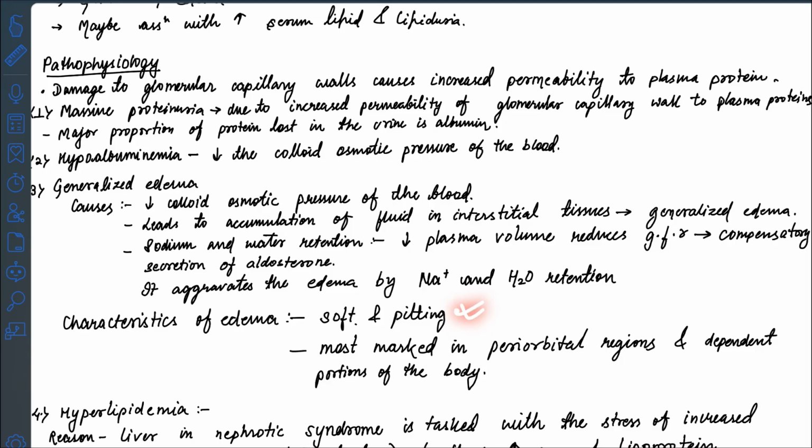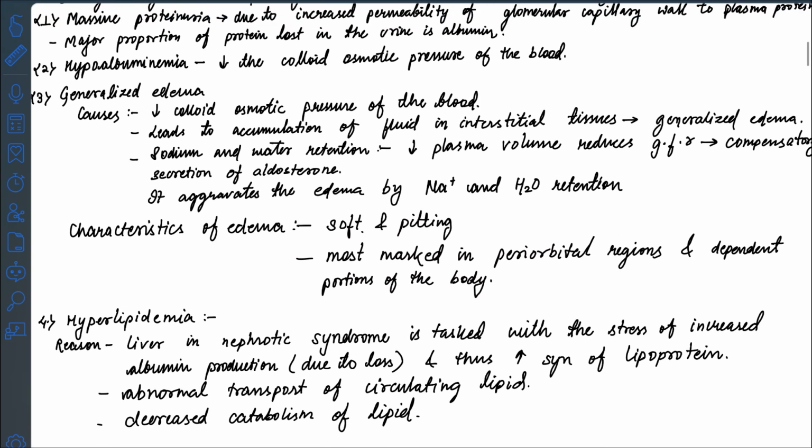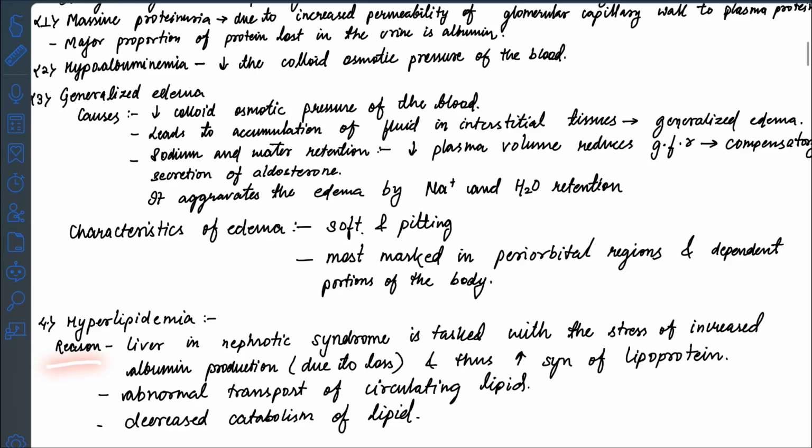Now characteristic of this edema is that it is soft and pitting type of edema. ये periorbital region and dependent portion of body में ज़्यादा देखने के लिए मिलता है, and it is most marked in those regions. Now the fourth is hyperlipidemia. Reason, liver जो nephrotic syndrome है इसका stress is increased like 10 folds or more than that.